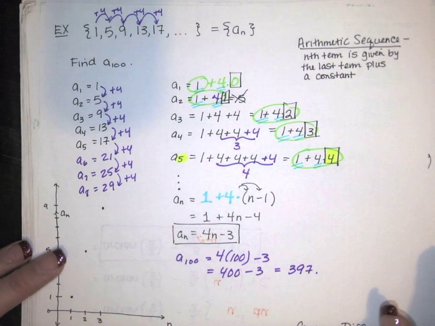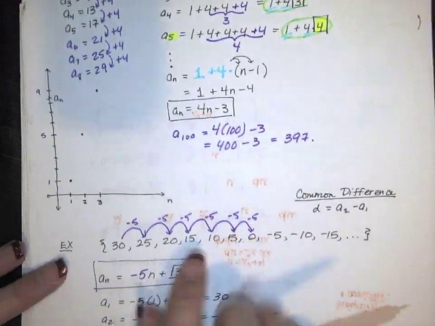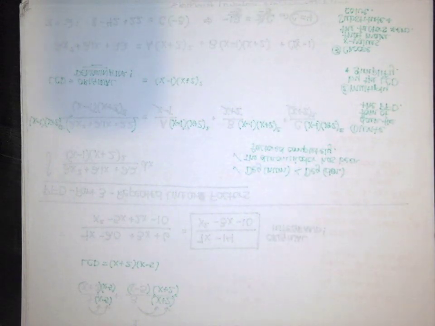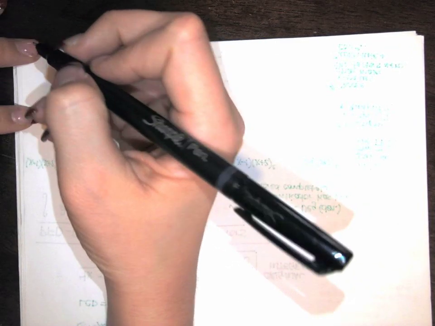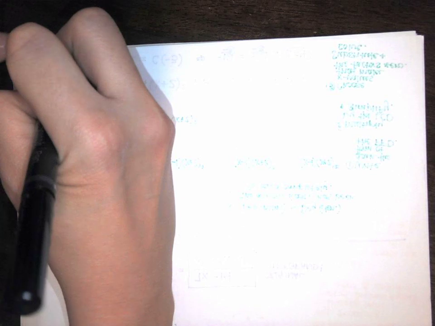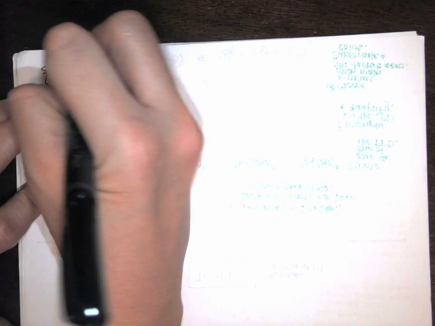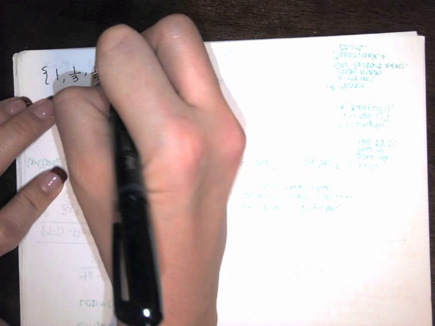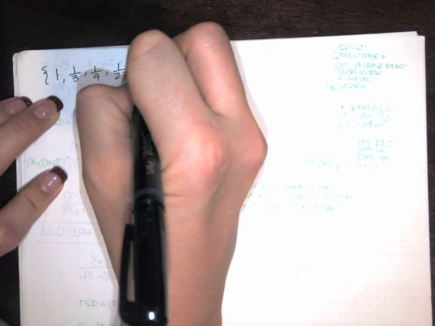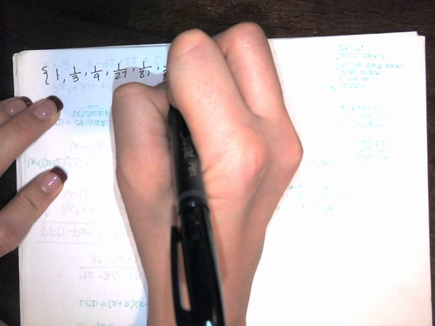And that's an example of an arithmetic sequence because we're adding the same thing every time or subtracting the same thing every time. Here's one that's not arithmetic. Let's say you've got this list. You have 1, 1/3, 1/9, 1 over 27, 1 over 81, 1 over 243, and so on.